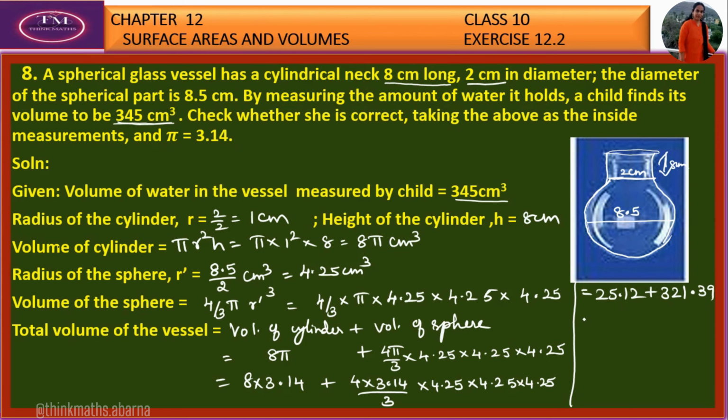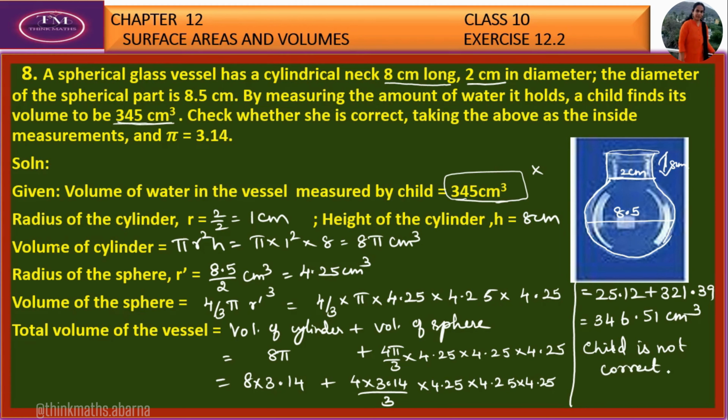So if you add both these values, you will get 346.51 centimeter cube, but the child calculated 345 centimeter cube. So this is not correct. So it is 346.51 centimeter cube. So you can write the answer as: the child is not correct.